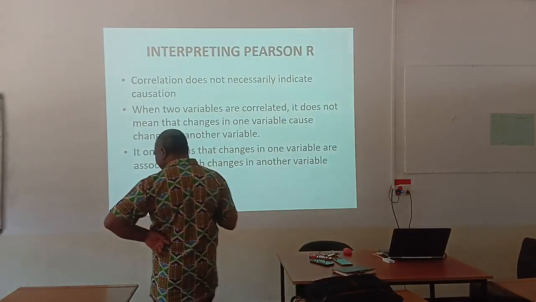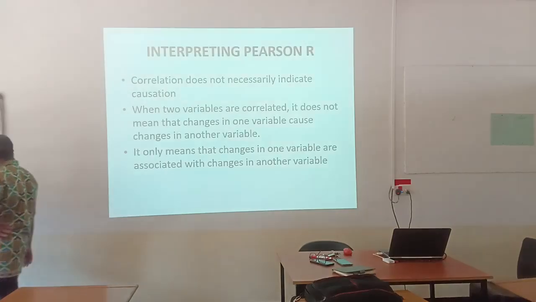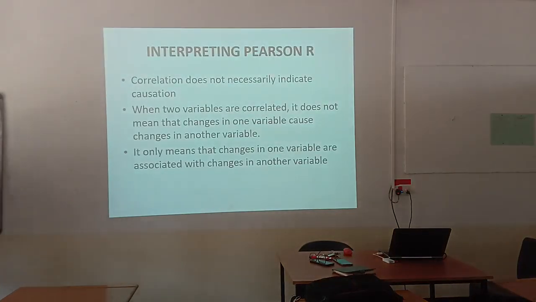A simple explanation is, in my earlier example, if we found that the MCE grades are very strongly associated to GPA, can we say that the MCE grades are causing high GPA?